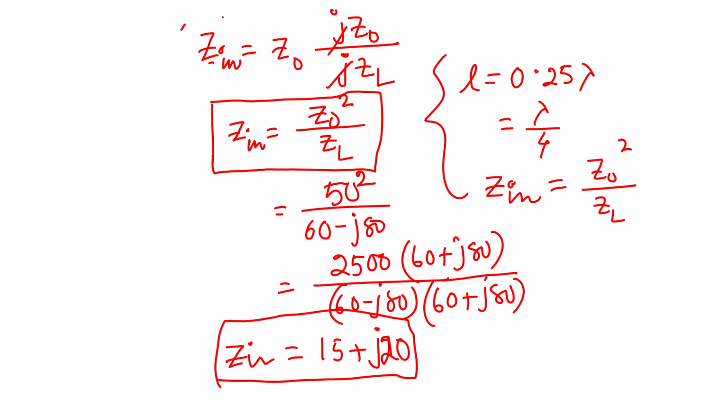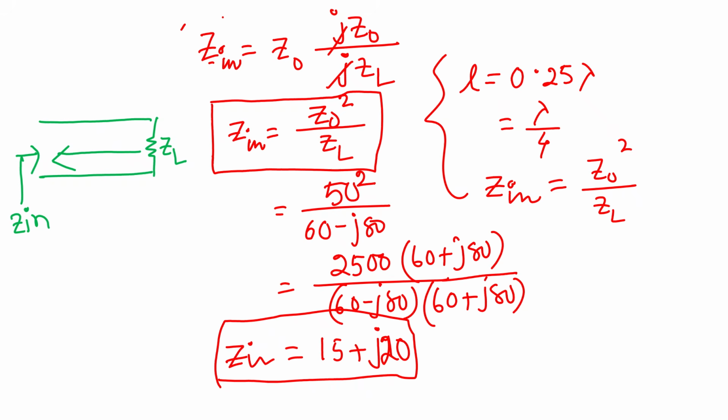Another important point that I would like to bring here is, when we calculate the input impedance, let us say this is my load ZL, and we are calculating input impedance at L distance from ZL.